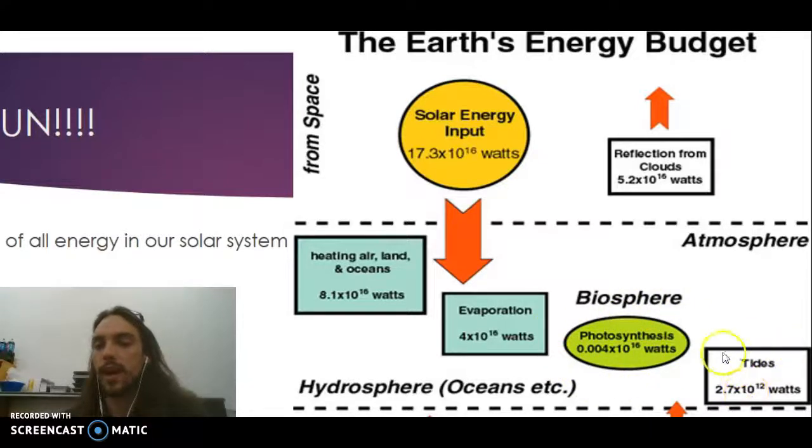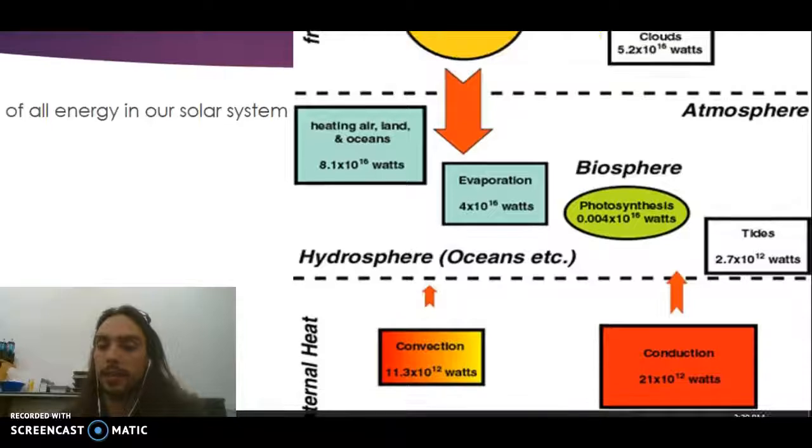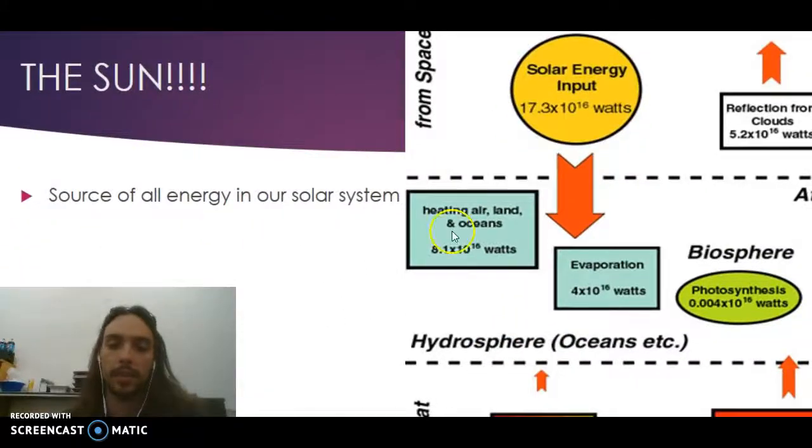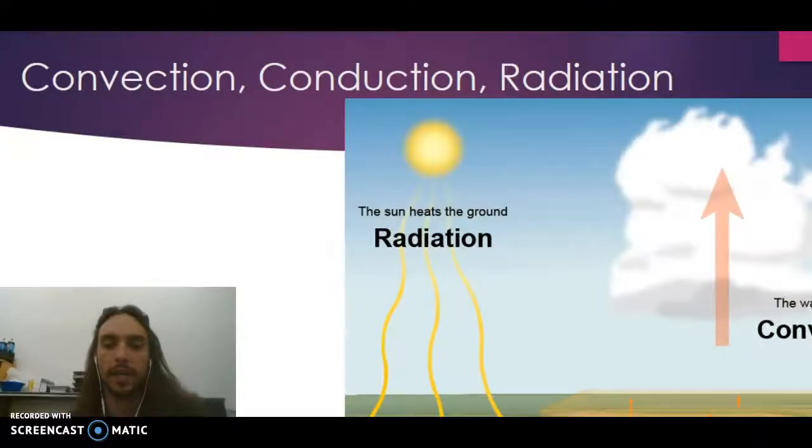Some of it goes to the tides. And then some of it gets reflected from our atmosphere through clouds because they're light. Remember that. And then some of it goes into convection currents and conduction of energy from the inside of our Earth emanating to the outside.